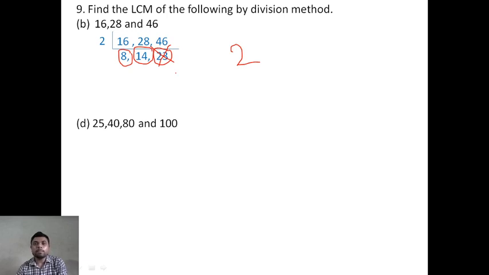Yes, my dear students, please keep in mind that when you choose the common factor, you have to see that you can divide at least 2 numbers, that is, the number is a factor of at least 2 of the numbers. Is it clear, my dear students?